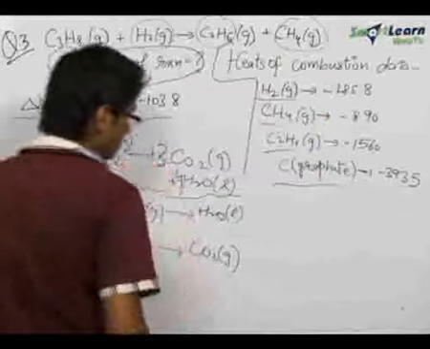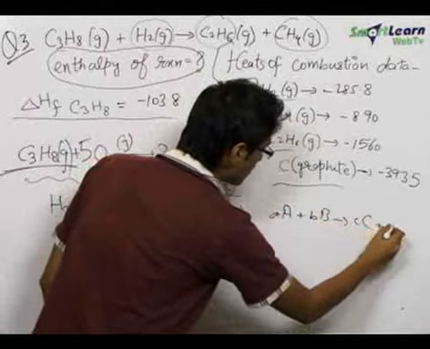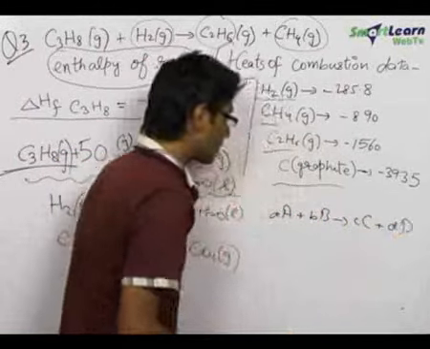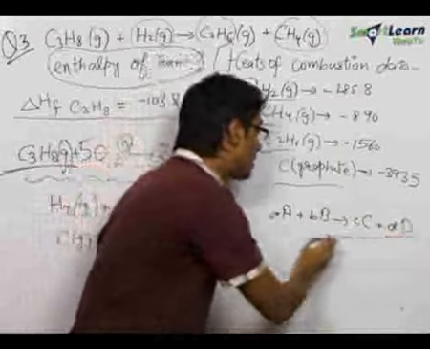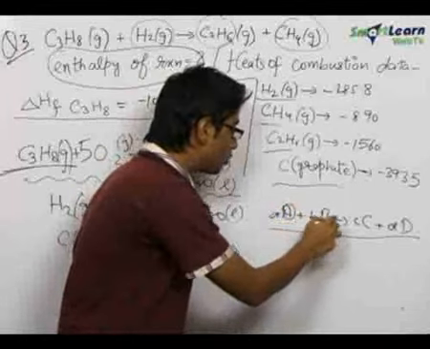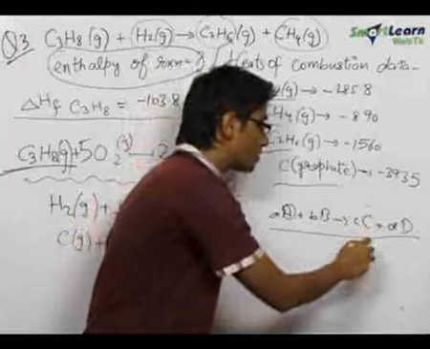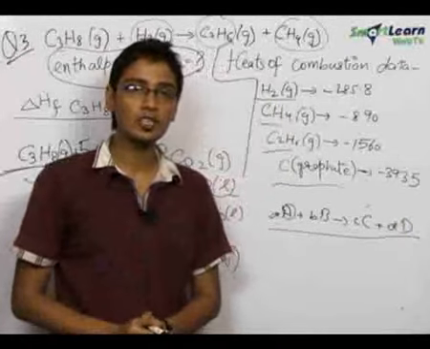For any reaction, a moles of A plus b moles of B giving c moles of C plus d moles of D, as in the heat of combustion, we had the enthalpy of this reaction as a into heat of combustion of A plus b into heat of combustion of B minus c into heat of combustion of C minus d of heat of combustion of D as the total enthalpy of the reaction.